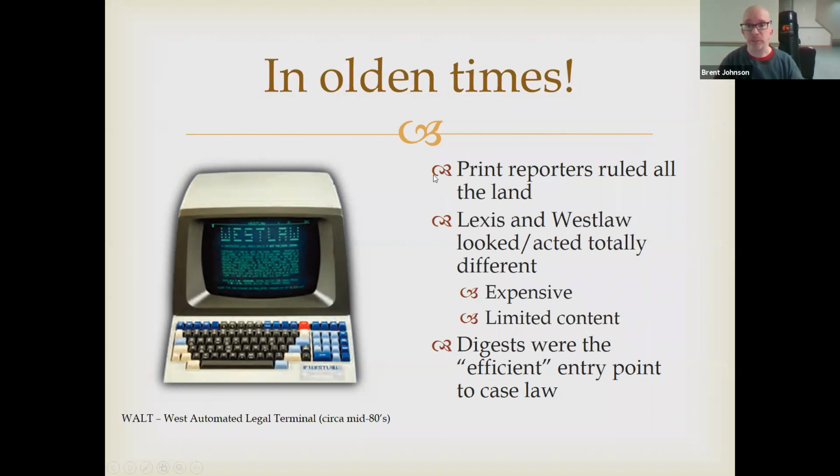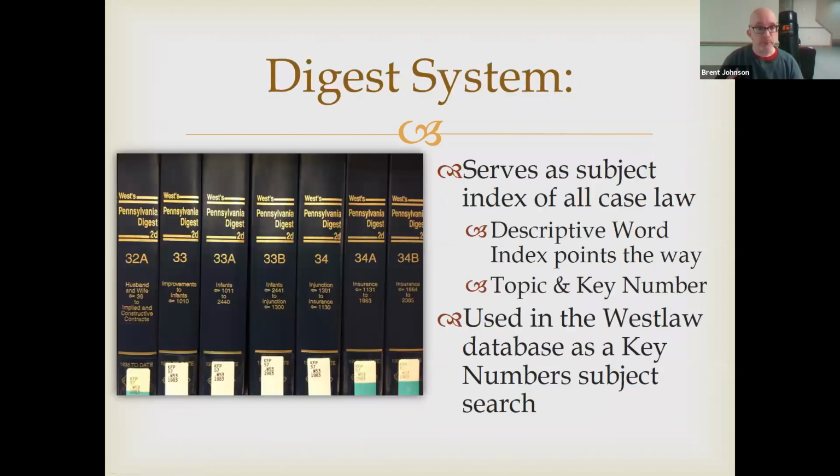So to be able to access print reporters, the West folks had to create the digest system so you could actually research in print. So the West Pennsylvania Digest, you're looking for a topic and a key number.